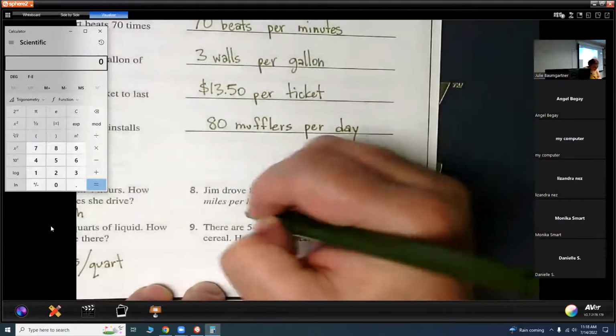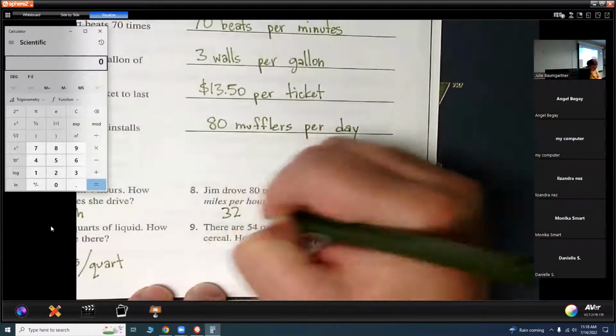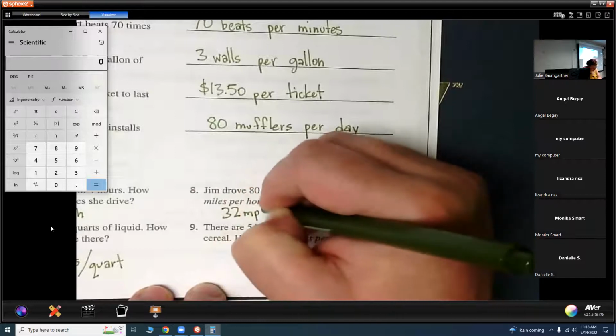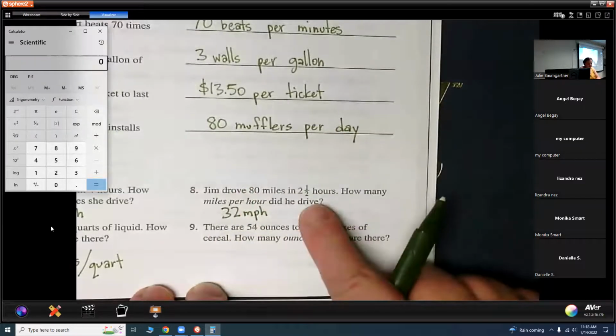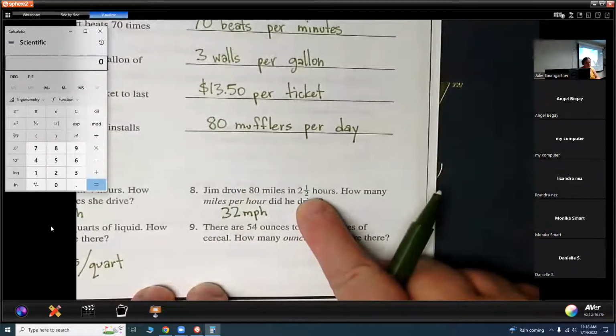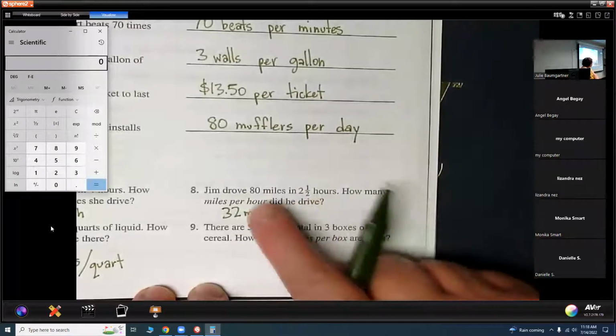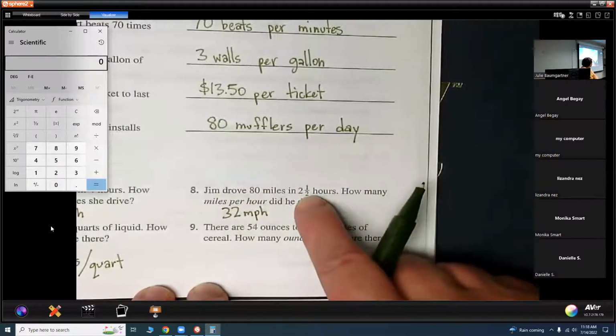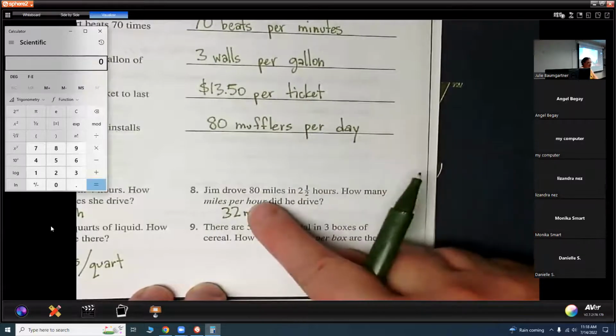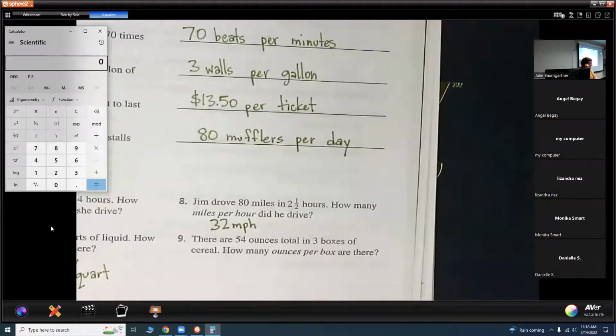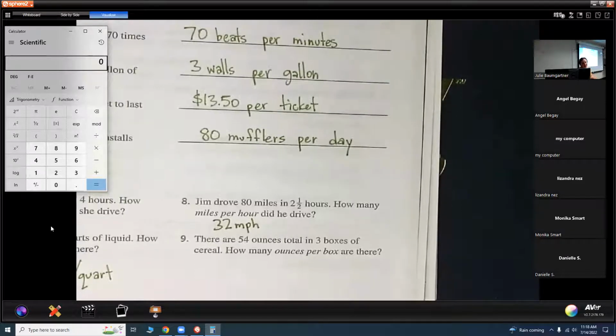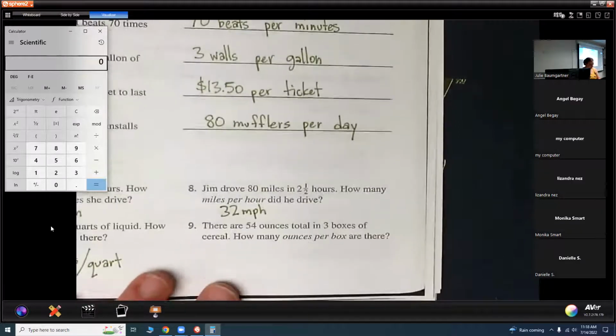I guess that'd be like average. Right, and we just take 80. Hopefully most of you feel pretty good about using your calculator here. Take your 2.5 and you can just plug it straight into the calculator, 80 divided by 2.5. Good, okay, and then there's 54 ounces in total in 3 boxes of cereal. How many ounces per box are there? 18 to 1.